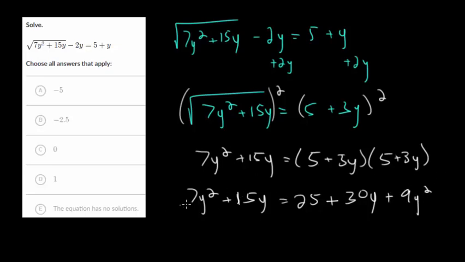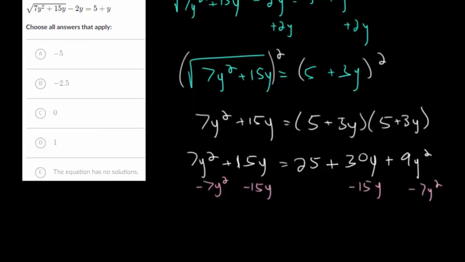And let's solve it for y, but this is a quadratic, and we'll have to set one side equal to 0. So let's set the left-hand side equal to 0 so that the coefficient on y squared can remain positive. So subtract 7y squared, subtract this 15y on each side. And when we do all this, let me just make a little bit more room here.